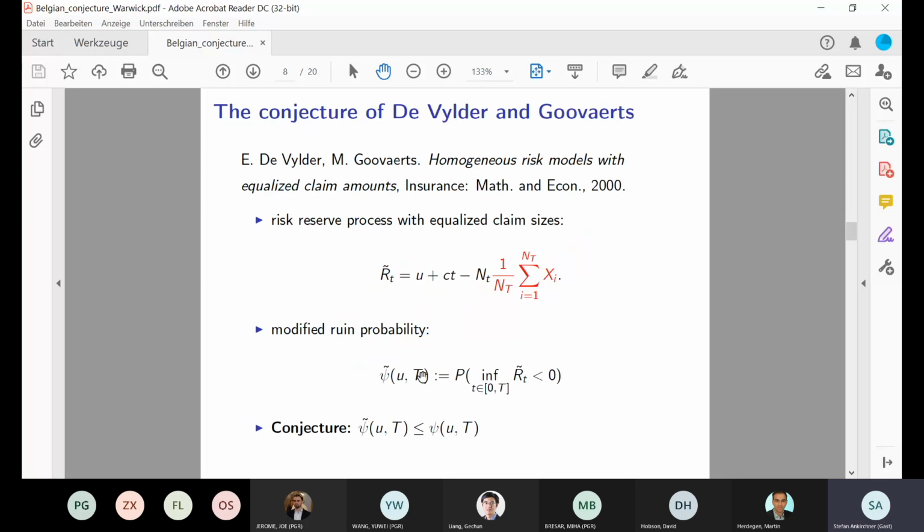And they formulated the conjecture that the ruin probability is smaller than the ruin probability in the original, unmodified model. And this conjecture is still not proved, so it's still an open problem. As far as I know from people in actuarial science, many people have tried to prove this conjecture, but so far nobody has managed.